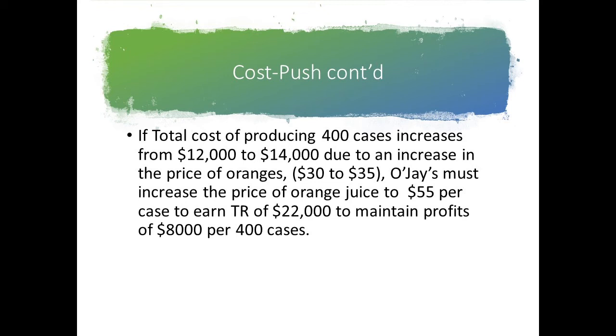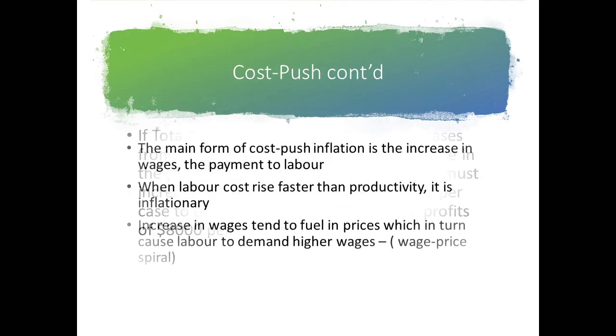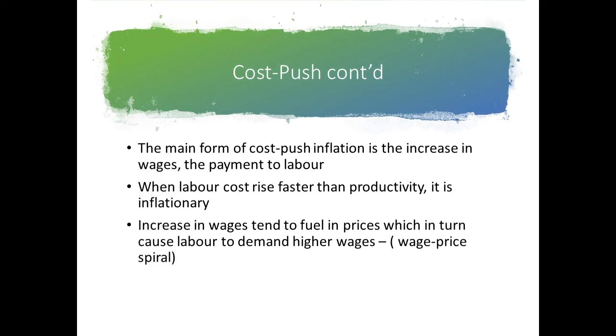OJ's must increase the price of the orange juice to $55 per case to maintain its profit. And so they will earn a total revenue of $22,000 to maintain profit of $8,000 per 400 cases.